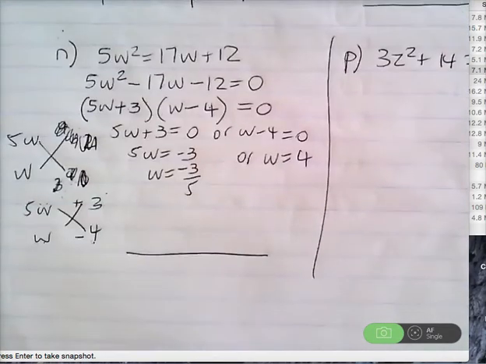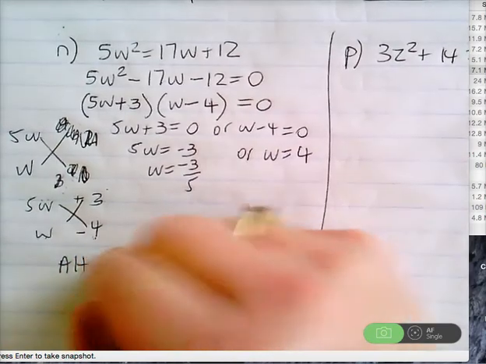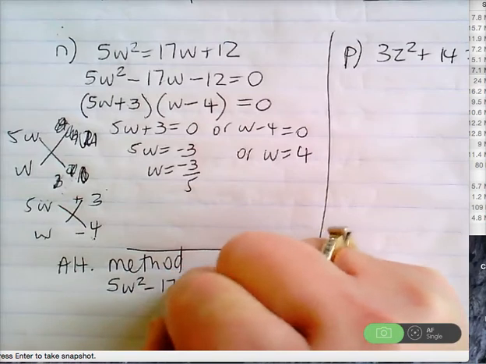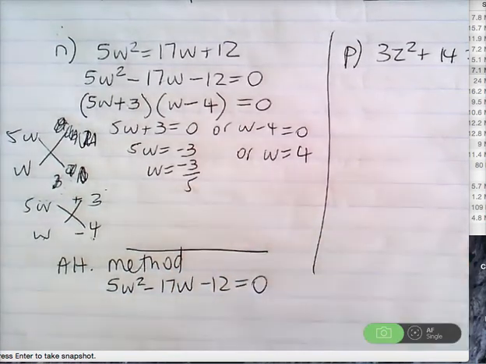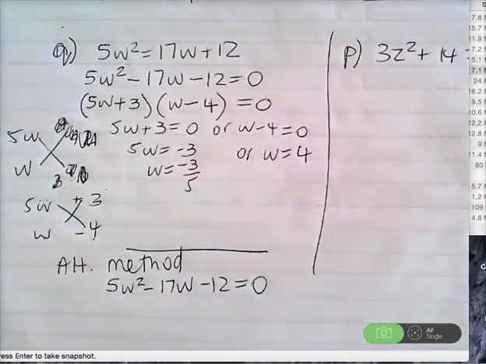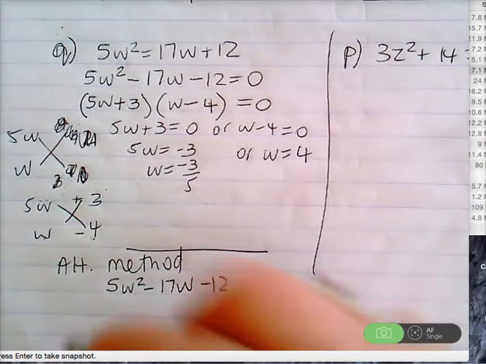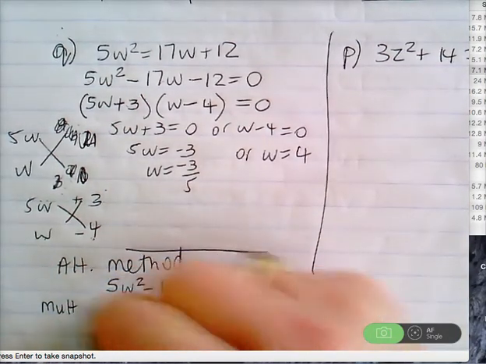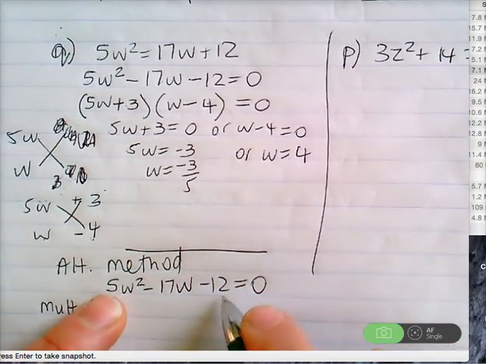Alternative method for doing that. So alternative method, you still bring everything over to the left-hand side. Then what you do, you multiply the coefficient of the squared term with the constant.